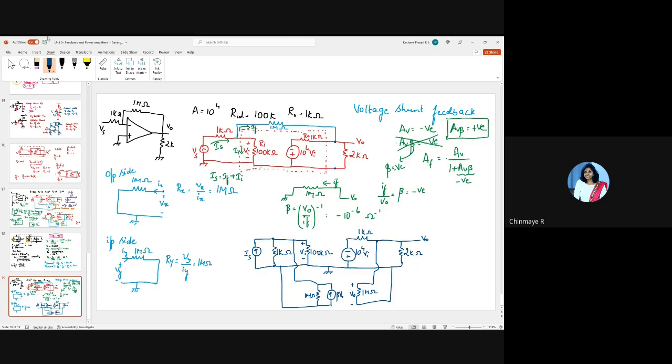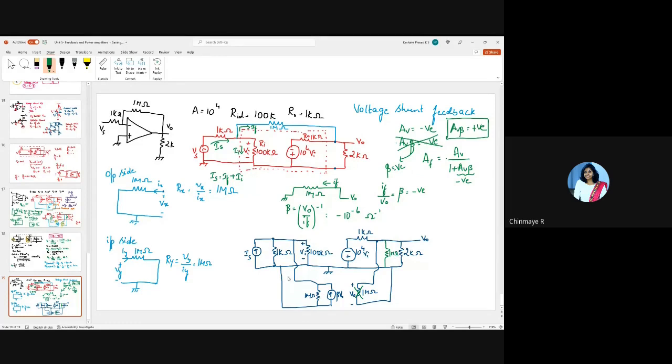So now if I have to push this resistance onto the input side, then I'll disconnect the resistance from here, and connect a 1 mega ohm resistance between these 2 points.